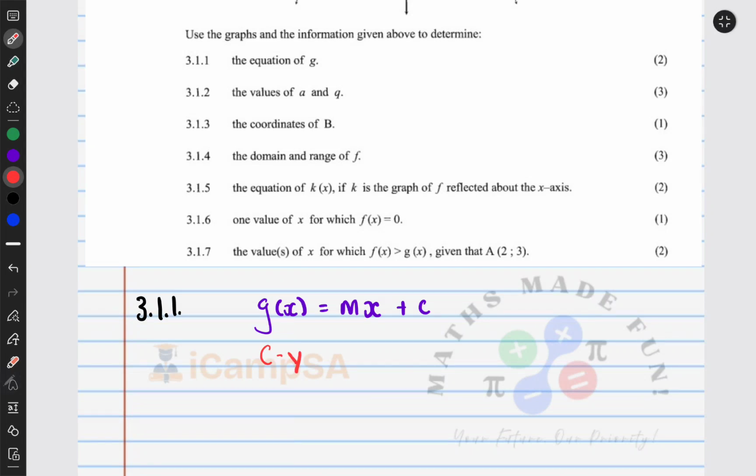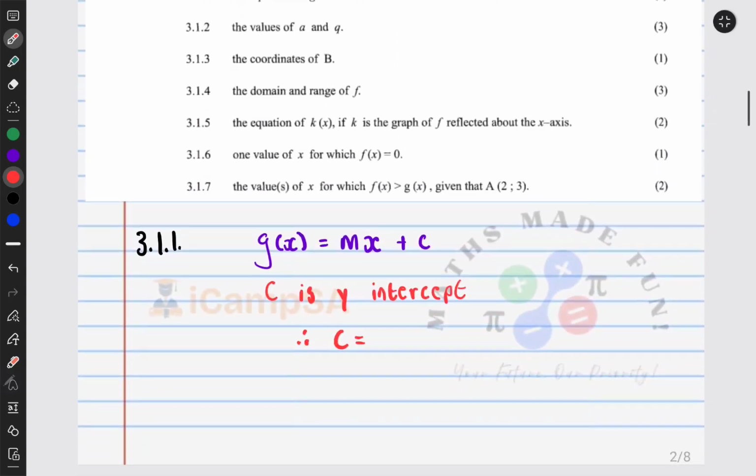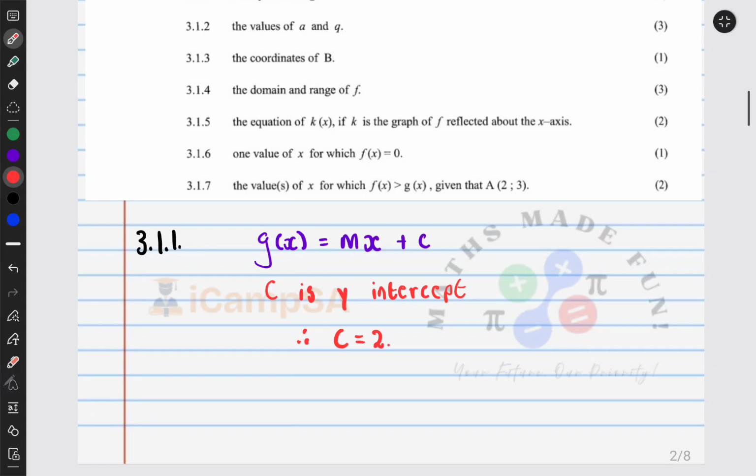Therefore c is equal to, what's the y-intercept? It is 2. c is equal to 2.